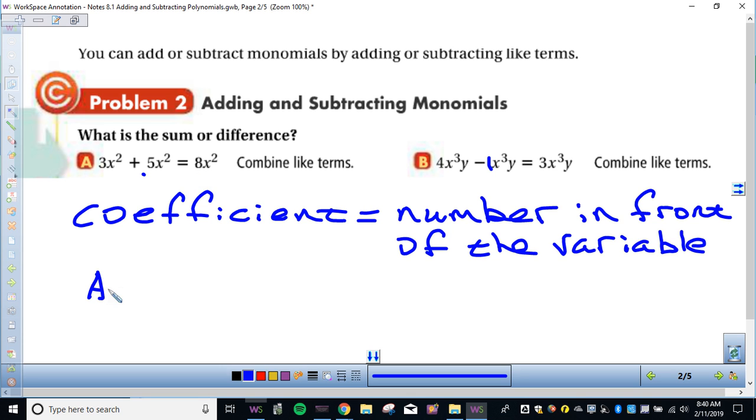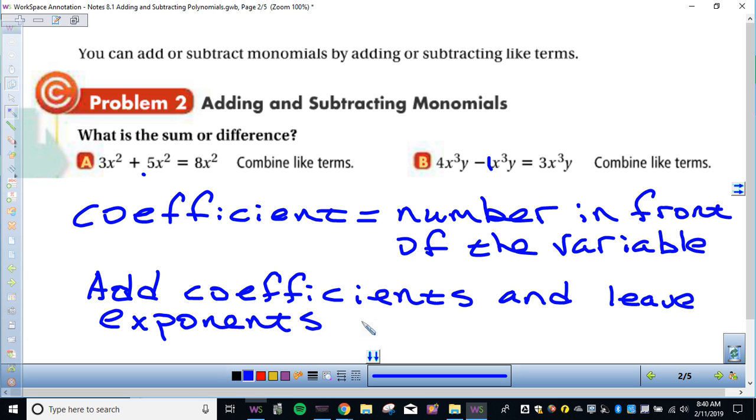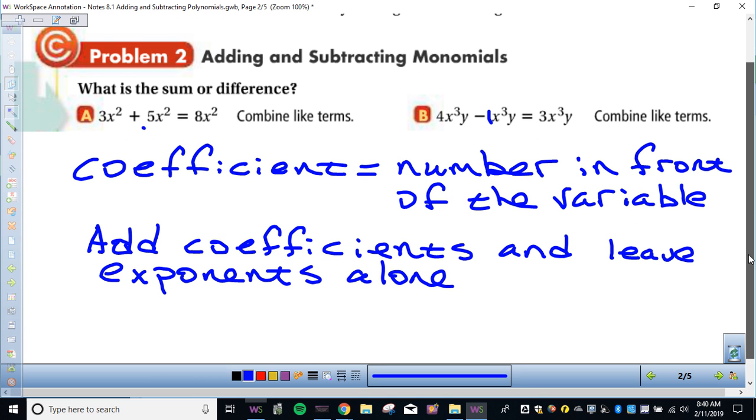So as far as how you do these problems, you want to add coefficients, leave the exponents alone. Right, so when I say leave alone, you're not doing anything. It's still x squared, right?